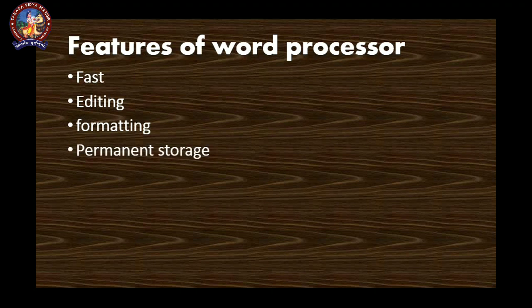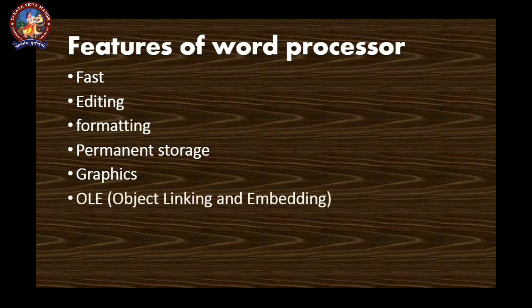Permanent storage, that means any file or document we have created, we can store it permanently and use it multiple times. Graphics also, we can add pictures, symbols, clip arts, and many others. It also provides OLE, object linking and embedding, which means we can link our document to any other document, even to the website, to the internet also.